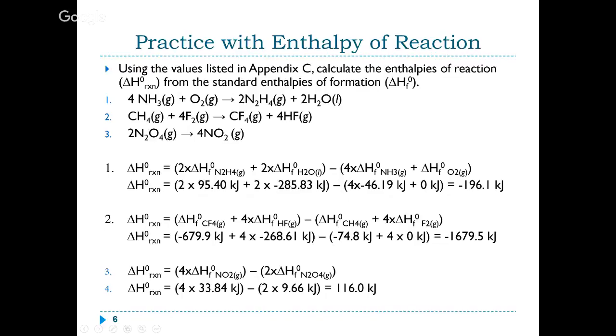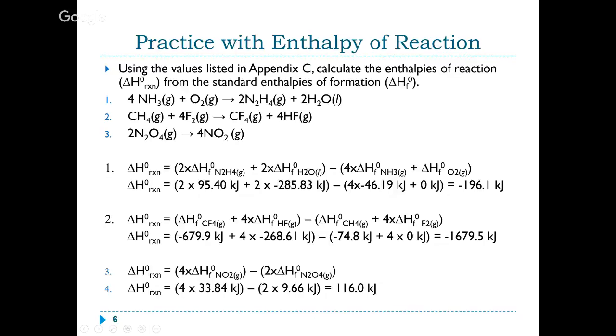So down here, there's a 3 and there's a 4. That 4 shouldn't be there. But anyways, for reaction 3, we see a rearrangement of our nitrogen and oxygen atoms. So we have 4NO2 as our product, and then we have 2N2O4 as our reactant. So we look up our values in the appendix, paying attention to the fact that these are both gases.